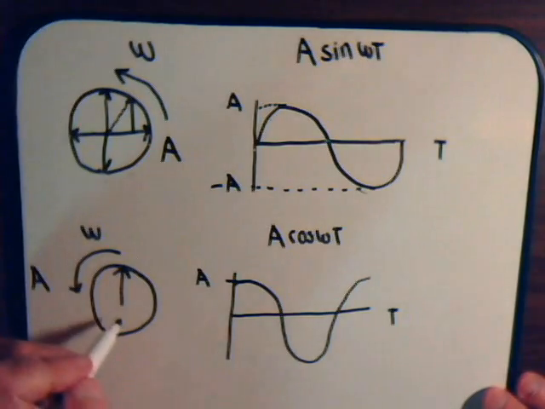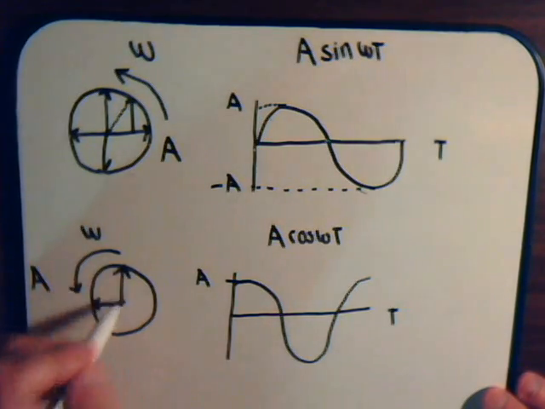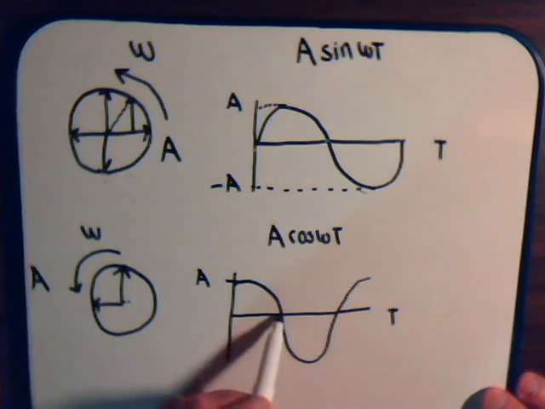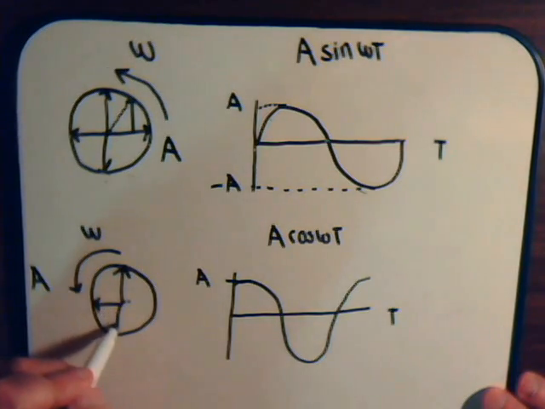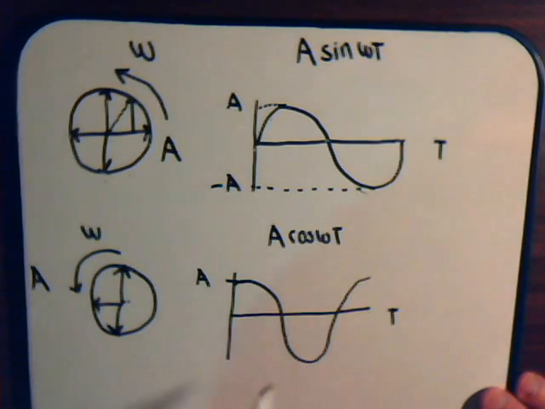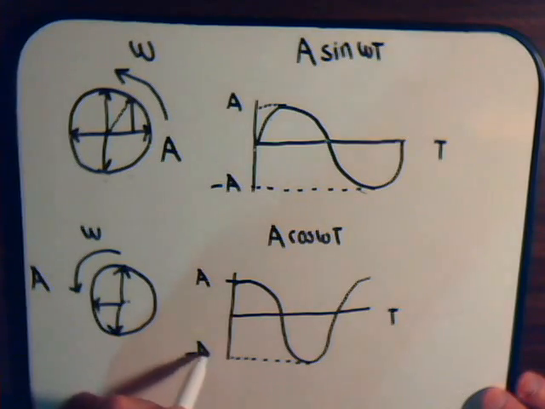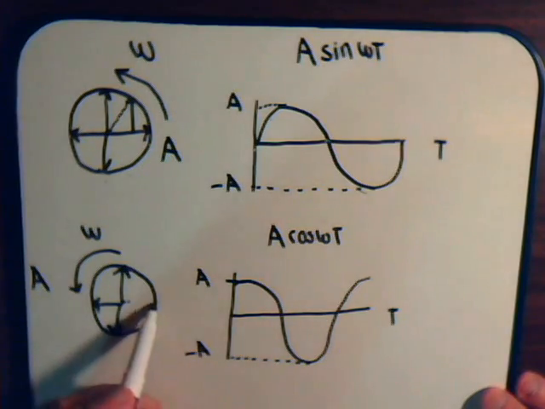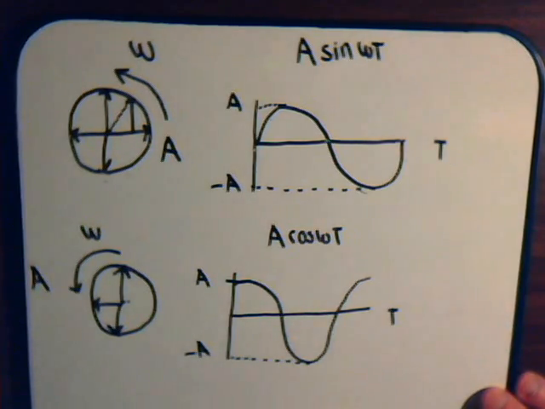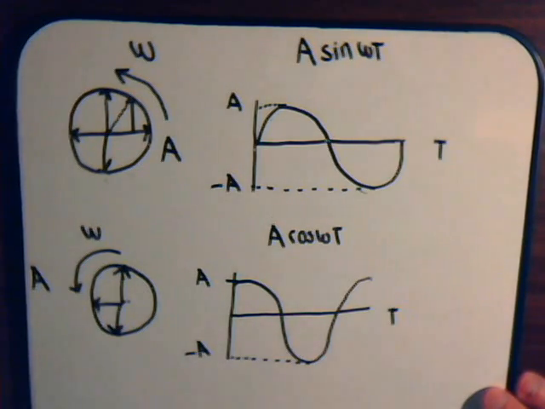And then it goes to here. The height was A, now the height is 0. That's this point. Then it goes down. That's minus A. That's this point. Then up to here where the height is 0. That's this point. Then up to here, where once again it's at a height of A.